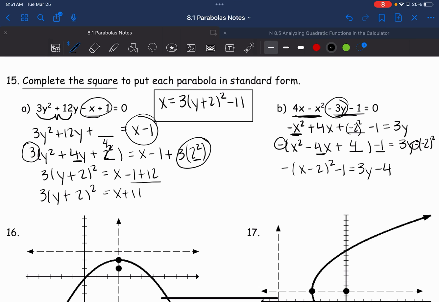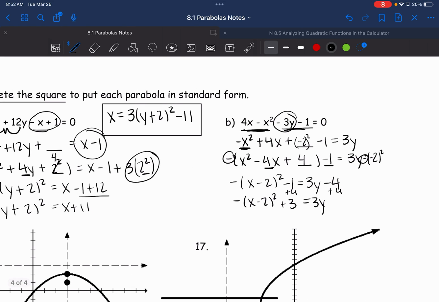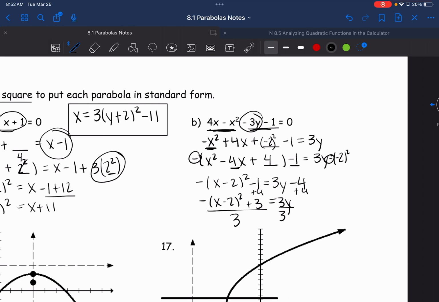And then I'm just trying to solve for y this time. So I'd move the 4 over by adding it. So then I'd have negative x minus 2 quantity squared. If I add 4, I have plus 3 equals 3y, right? And then I'd have to divide everything by 3, right?